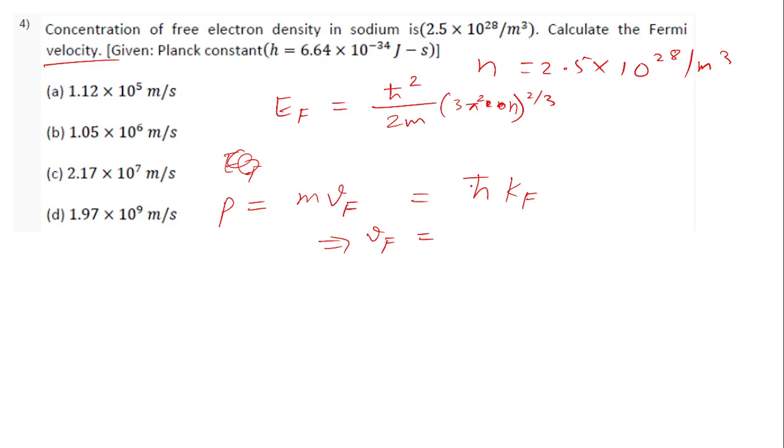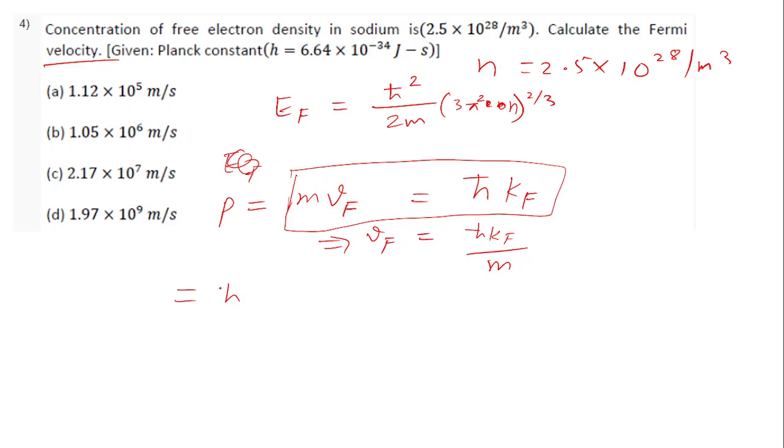I know these two relations for momentum. One is mass times velocity, another is the wave vector multiplied by the reduced Planck's constant. So using this equation, I can find that Vf is h bar kf divided by m. And I'll use this directly, which will be h bar over m, and kf is 3 pi square n to the power 1 by 3. This is the direct formula.